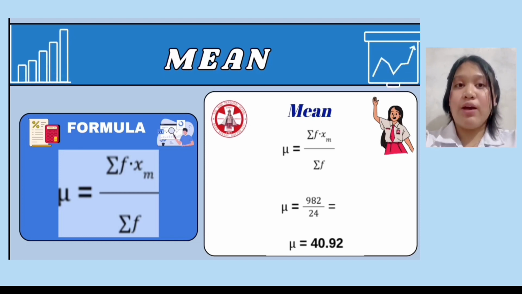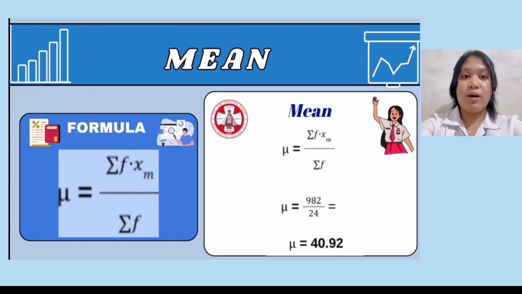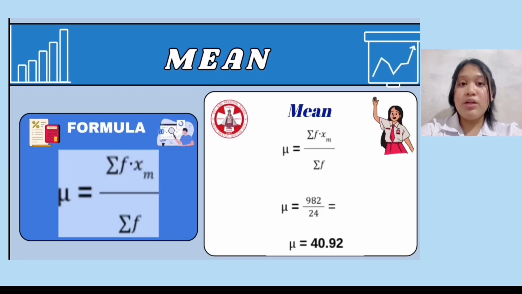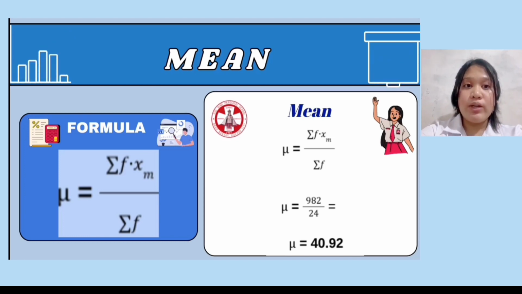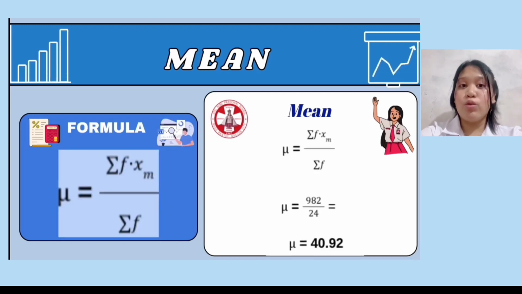In our data, we have 928 divided by 24. This will give us the value of the mean, which is 40.91666667, or rounded off to 2 decimal places, so the value of our mean is 40.92.